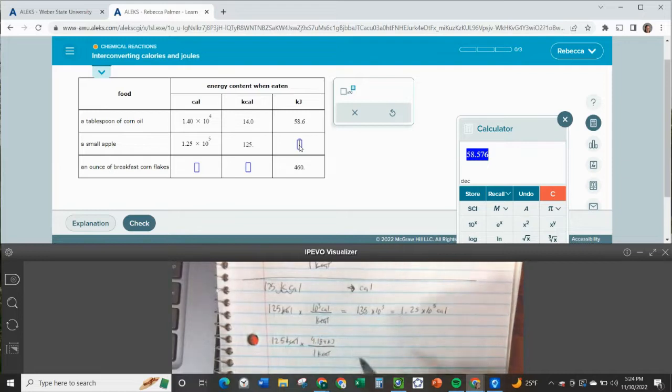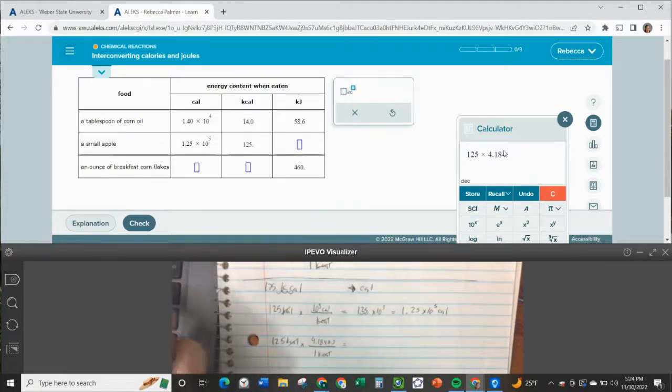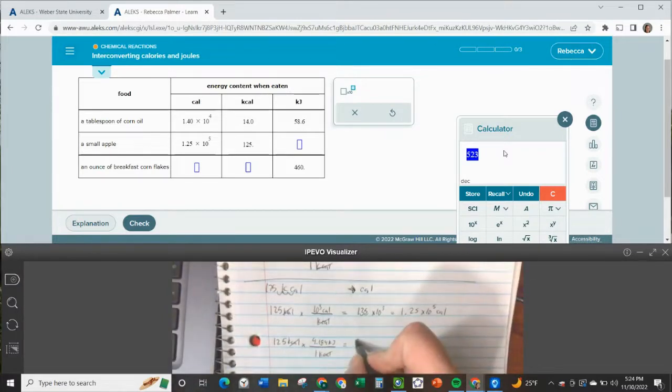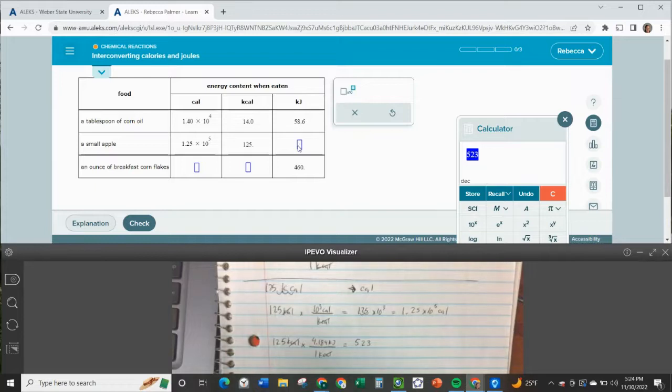Kilocalories cancel out, and we end up with 125 times 4.184, and that gives us 523. And let's put a decimal.